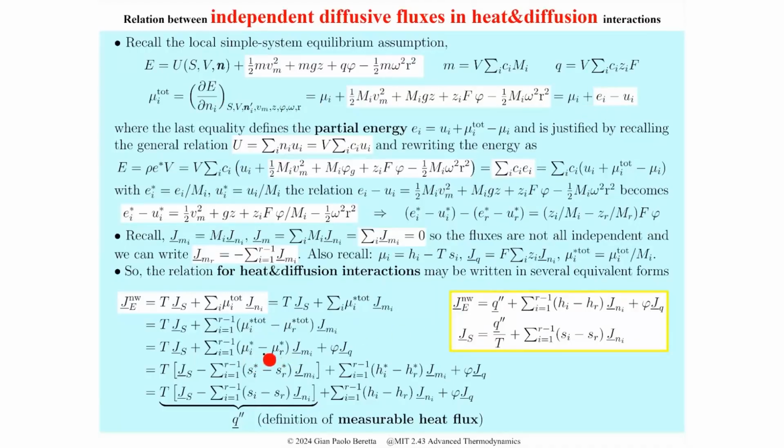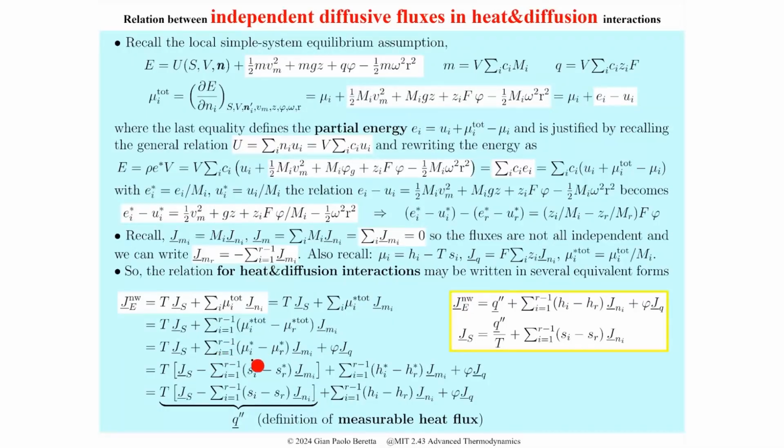So this difference can be substituted with this one, where the z's stand out, and they bring in the charge flux. Okay, so we've substituted. So now this expression has the advantage of having all the fluxes that are independent, because you are excluding the r. You go the summation only up to r minus 1.